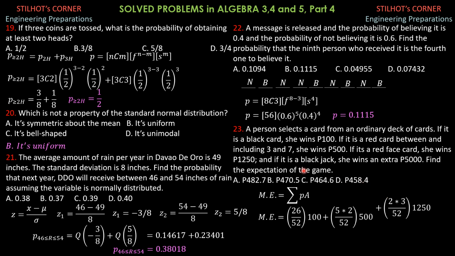And lastly, if it is a blackjack, there are only 2 blackjacks, club and spade. So 2 over 52 times 5,000. So computing using your calculator, it is equal to 482.7.